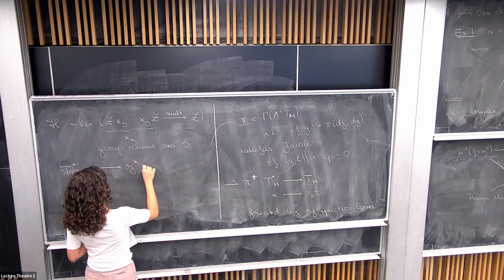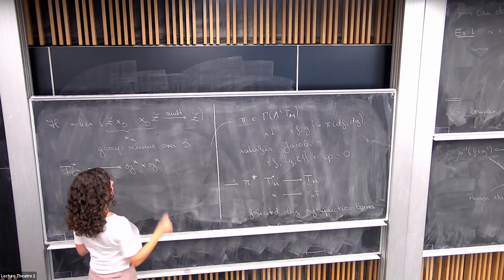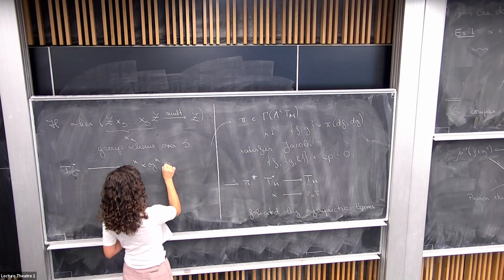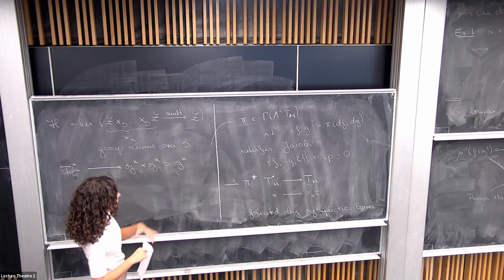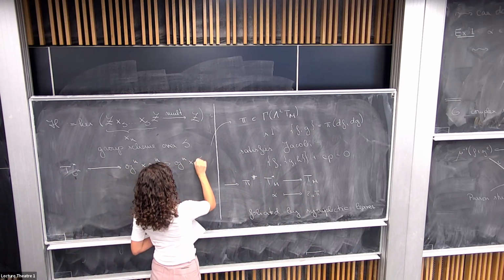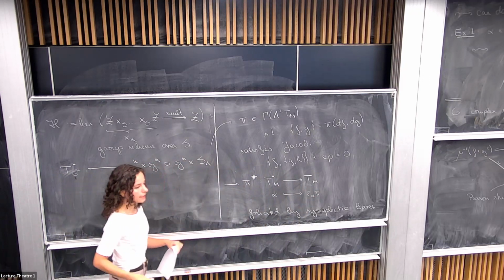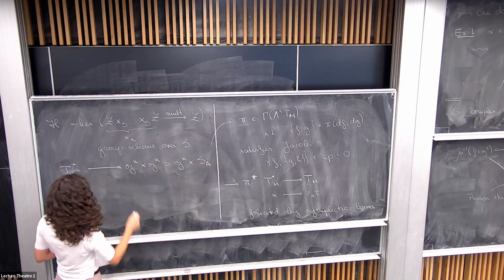So its moment map is going to land in g to the n cross g to the n. And inside here, I can take the submanifold consisting of everything in the first coordinate and just the diagonal copy of S in the second coordinate.